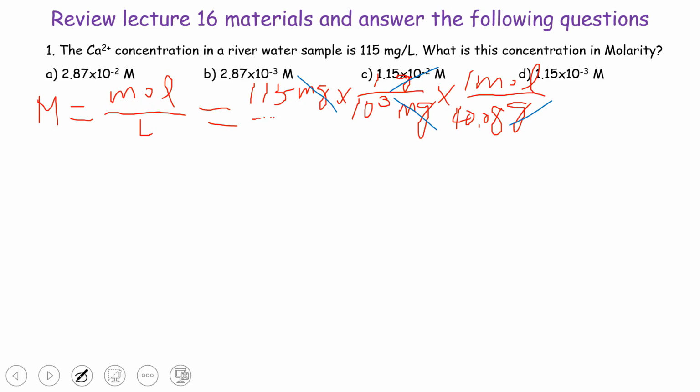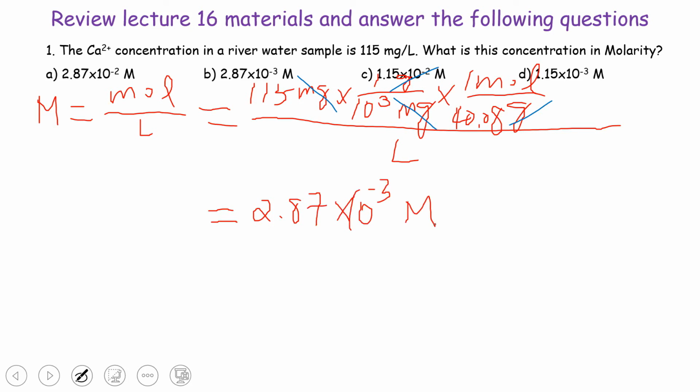Then on the bottom we just copy that liter given in the question. And then you just work with your calculator. Then you should be able to get an answer of 2.87 times 10 to the negative 3 molar. Then B is the correct answer for this question.